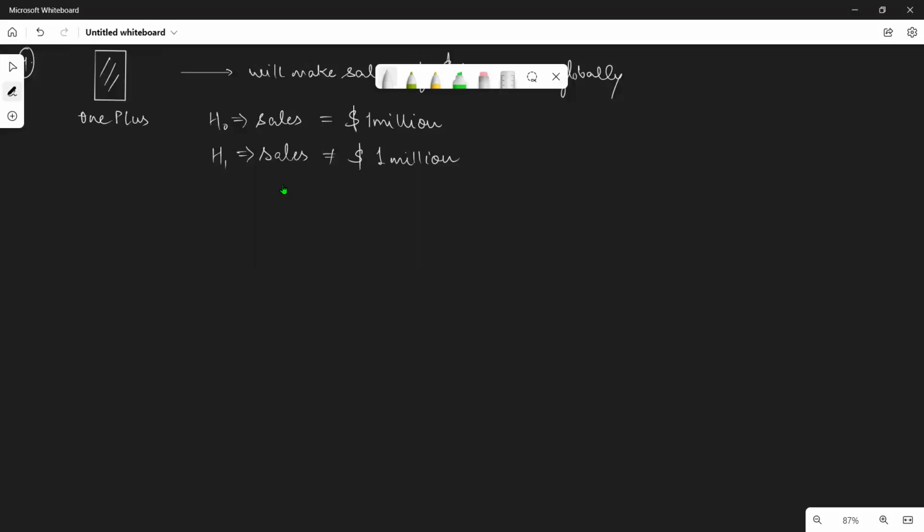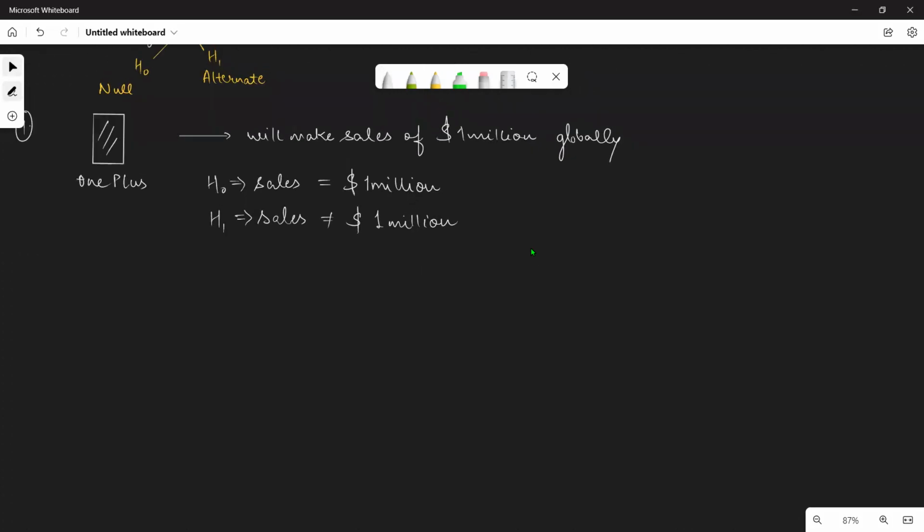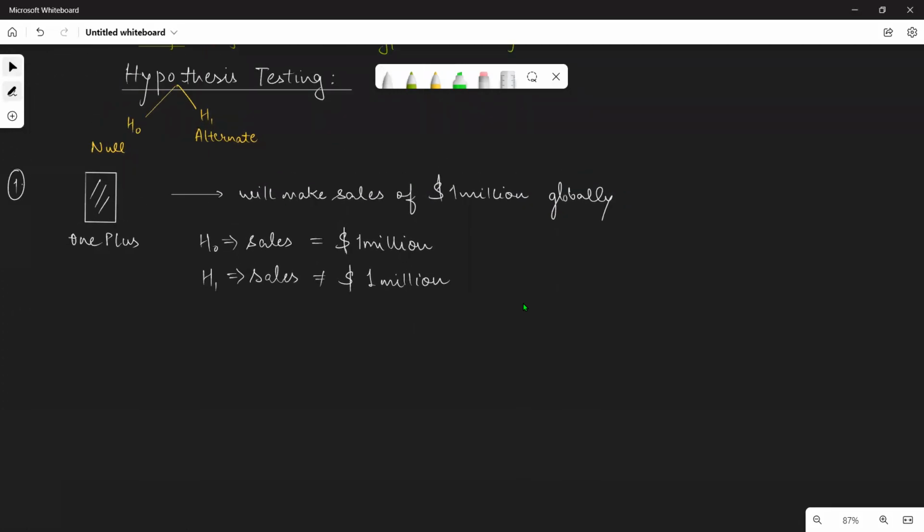Okay, this is how initially we develop H0 and H1 depending upon the context given to us. H0 will say sales is $1 million, because that is mentioned in the question, and H1 will be the reverse of it, and H1 will say that sales is not equal to $1 million.